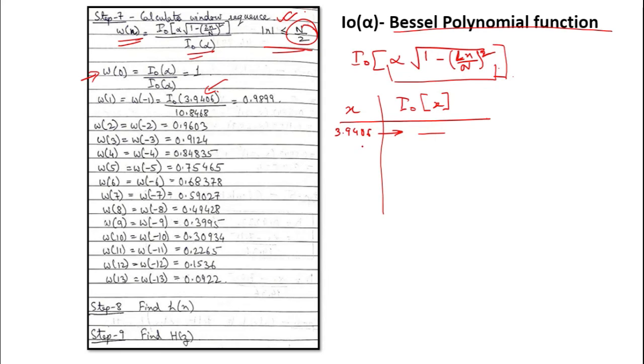So for each x value, you will be getting some I0(x) value. For W0, n is equal to 0, so this portion becomes 1. So we get I0 alpha by I0 alpha, hence it is 1. For the other values, you have to calculate in this fashion.